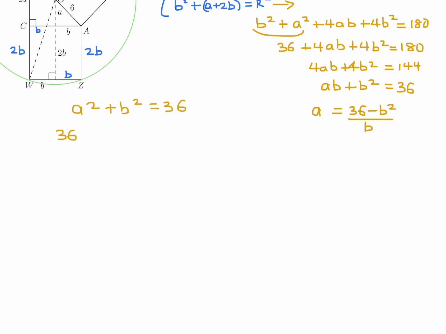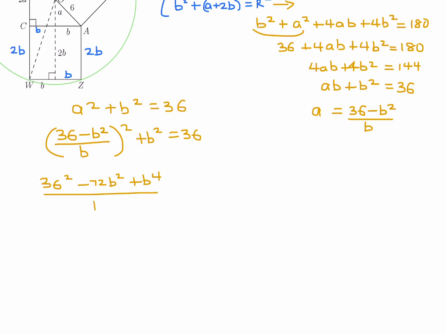And that gives me (36 minus B squared over B) all squared plus B squared equals 36. This becomes 36 squared minus 72B squared plus B to the power of 4, over B squared, plus B squared is 36.